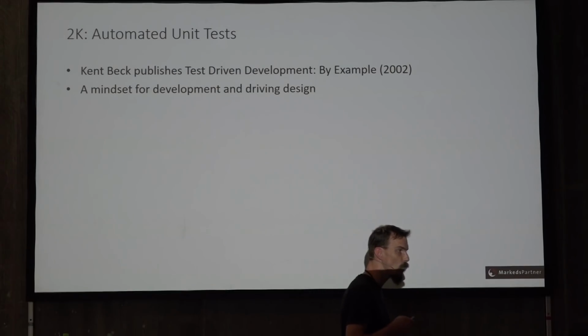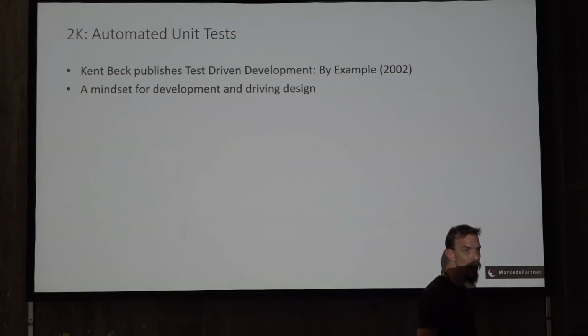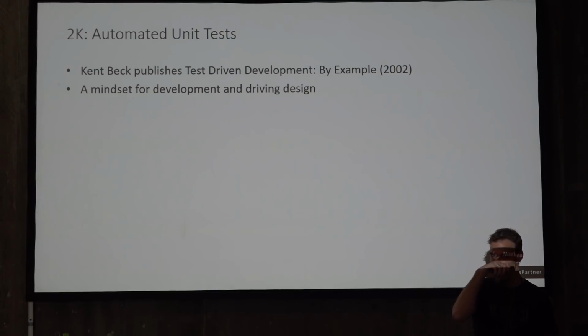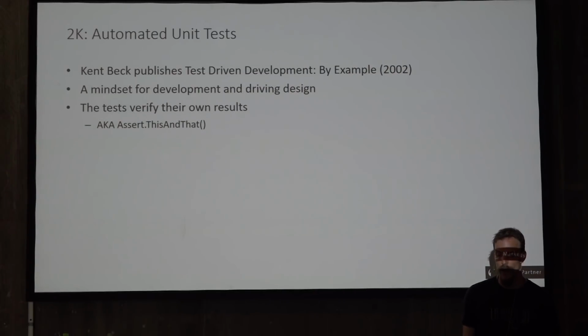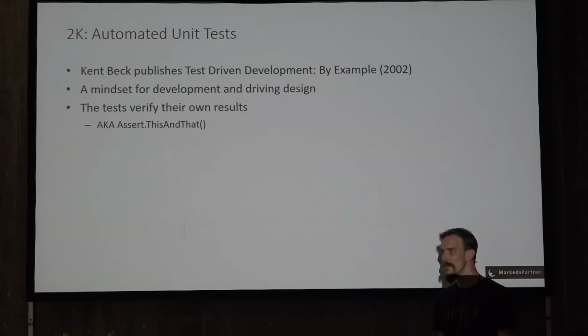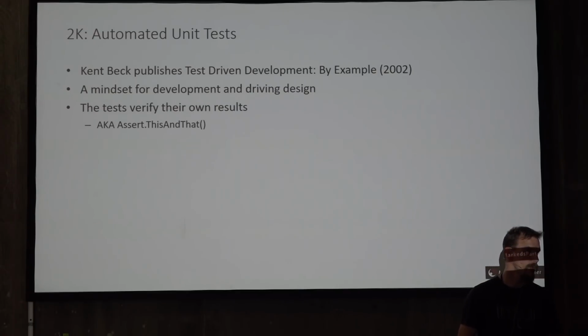And with it, he brings a mindset for developing and actually driving the design of your code, which is way more than we had with drivers and self-testing code as something just to verify that you don't have bugs. And the magic thing about them is that they verify their own results by calling some sort of assertion, is the terminology there.